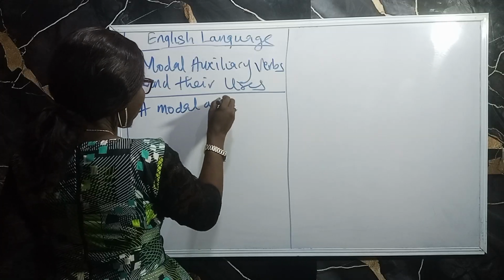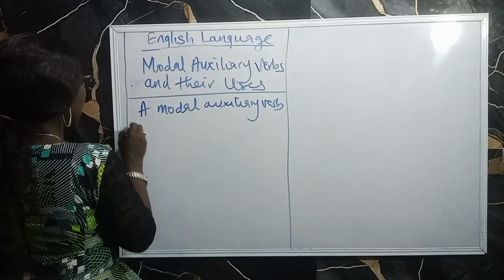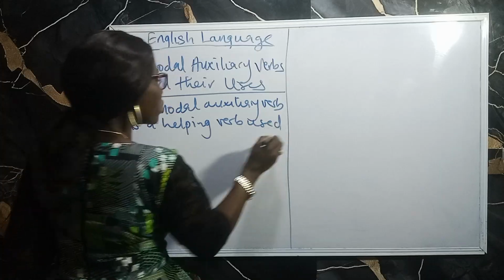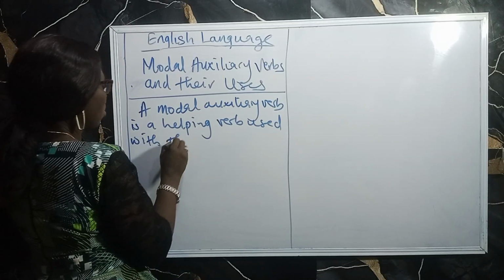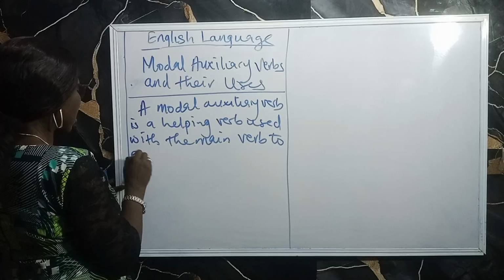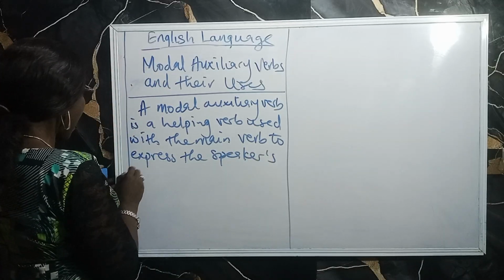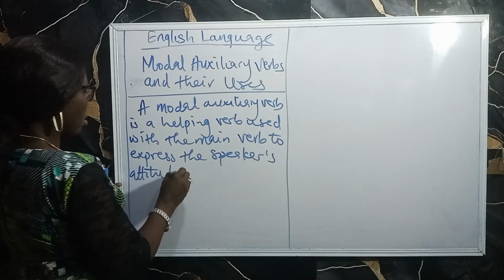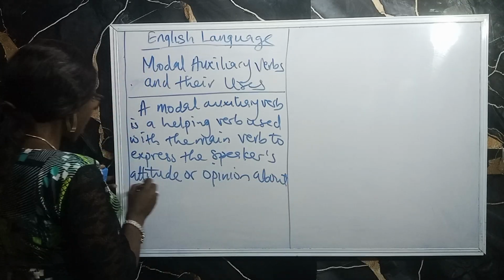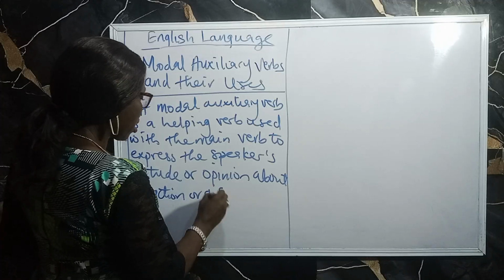A modal auxiliary verb is a helping verb used with the main verb to express the speaker's attitude or opinion about an action or a state.